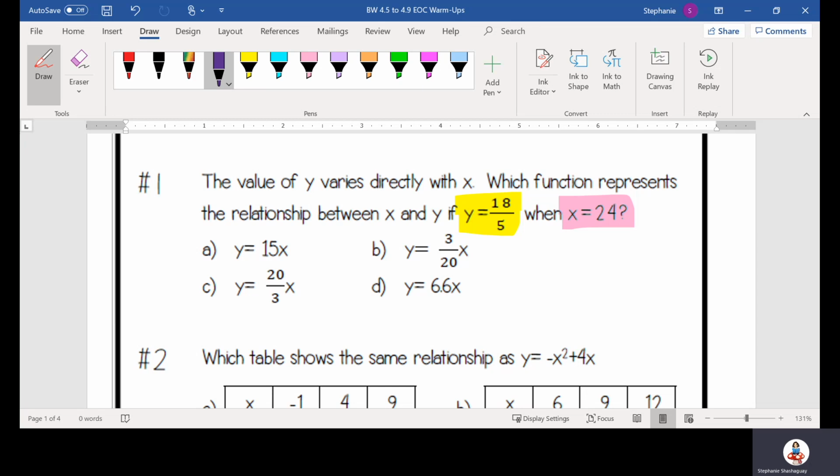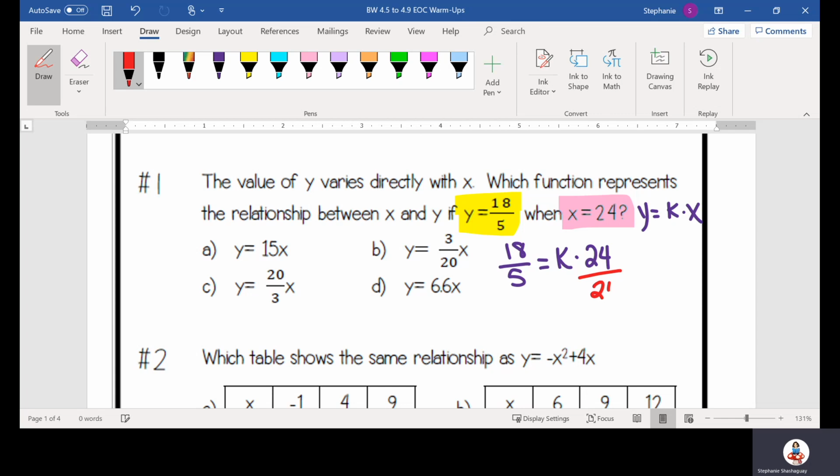So we're going to have our y is equal to k times x. So we take our y, 18 over 5, and that's equal to our k multiplied by 24. So we're going to treat this just like any other equation.